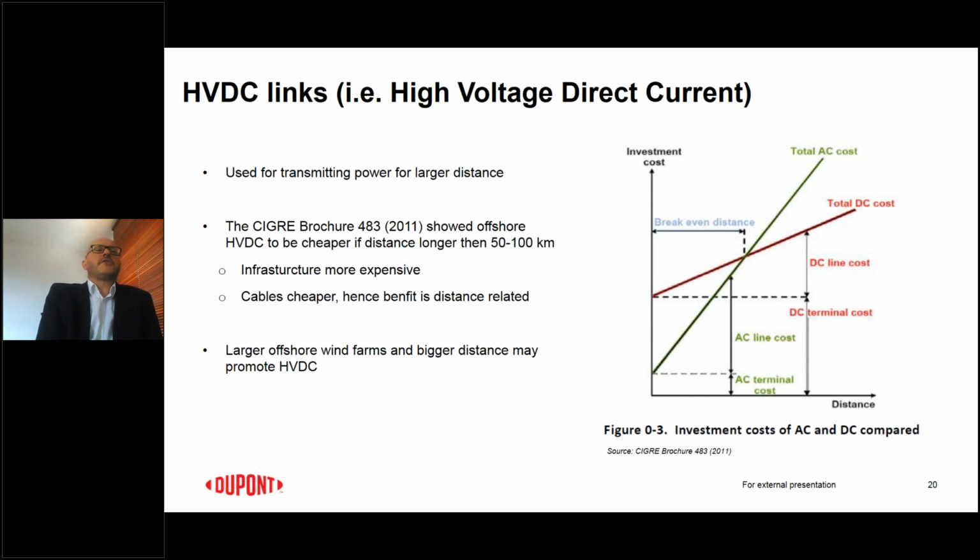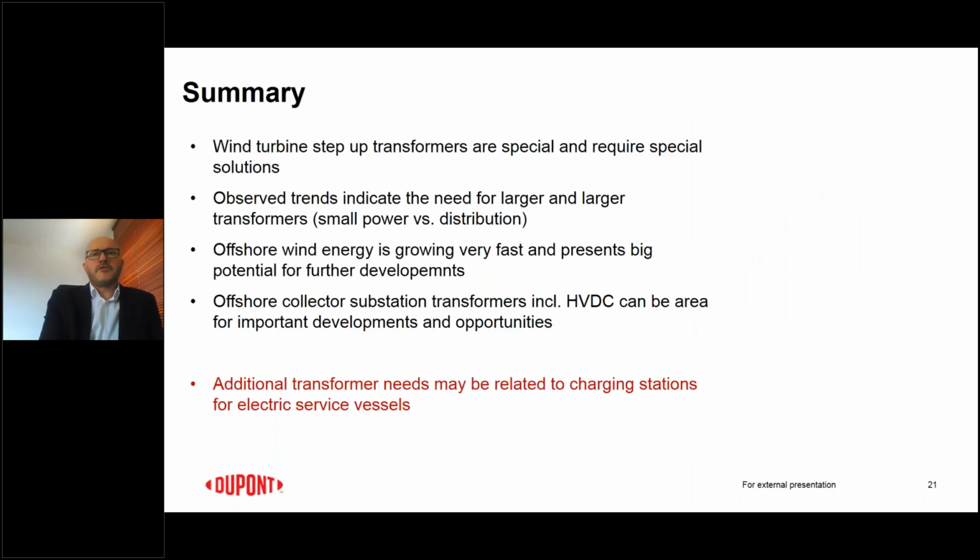And really, we are getting to the summary. To summarize very quickly, the wind turbine step-up transformers are not regular distribution transformers. They are special. They require special solutions, and they are moving towards the small power transformer size, above 10 MVA with the voltage class of 66 kilovolt today.